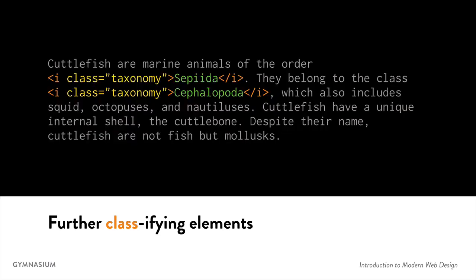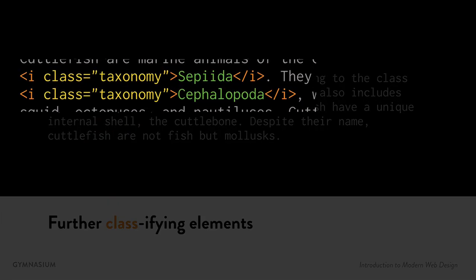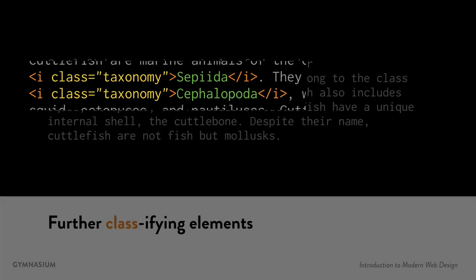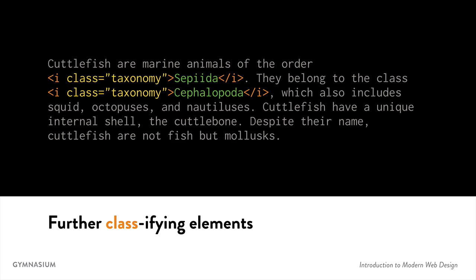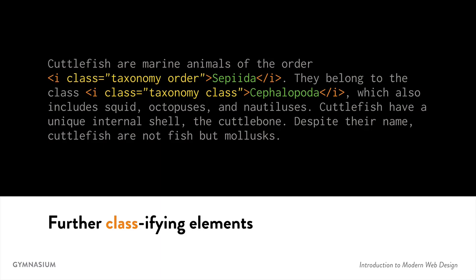We could classify those as being taxonomic terms. So not only are these potentially in Latin, which is not displayed here using the lang attribute, but we could say that these terms are being used specifically having to do with taxonomy, right? And then if we wanted to, we could further classify those elements as being the order and class specifically.